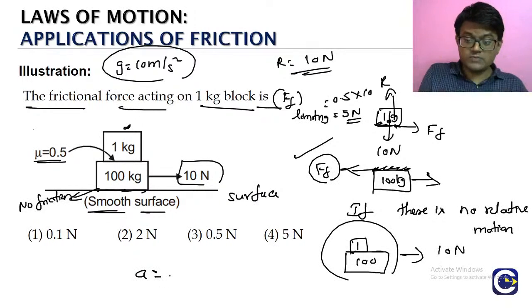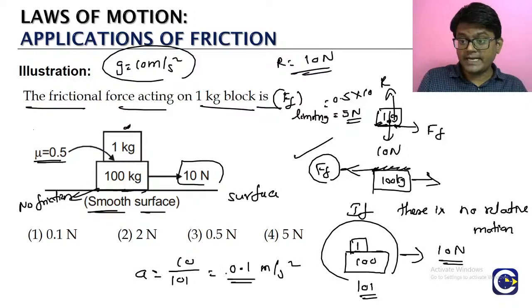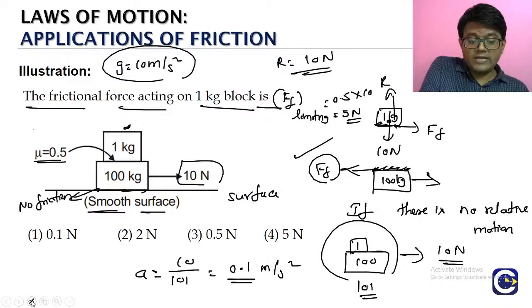Total mass is 1 plus 100, which is 101. Applied force is 10. So acceleration is 10 by 101. Maybe we can take it as approximately 0.1, because 10 by 100 is 0.1. So we are taking approximately 0.1.